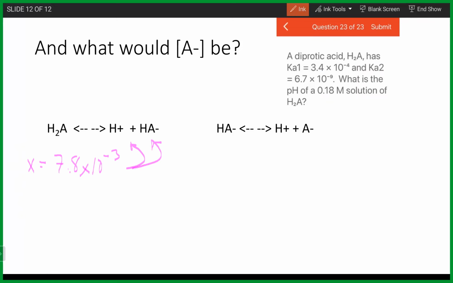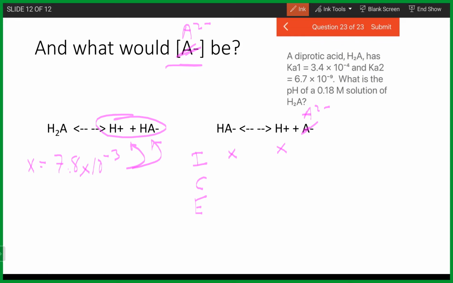For the second piece, if we want to actually get what this concentration is, and again, it should be A2 minus, we can kind of do the same thing. We can make another ice table. But in this case, we already know what the initial concentration of the HA minus is going to be. The same thing with the H plus, because that's what we just solved for here.